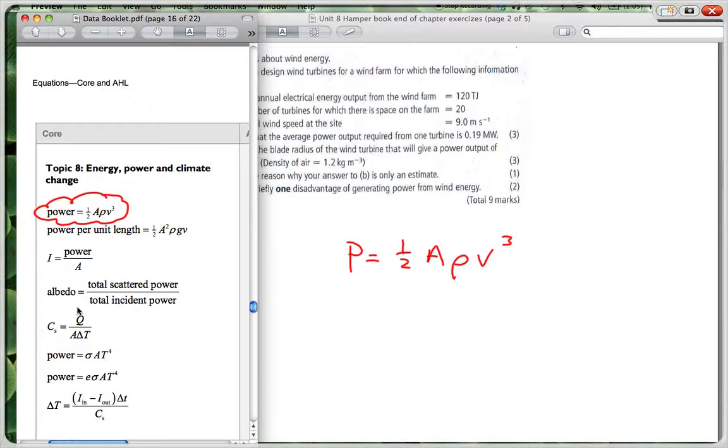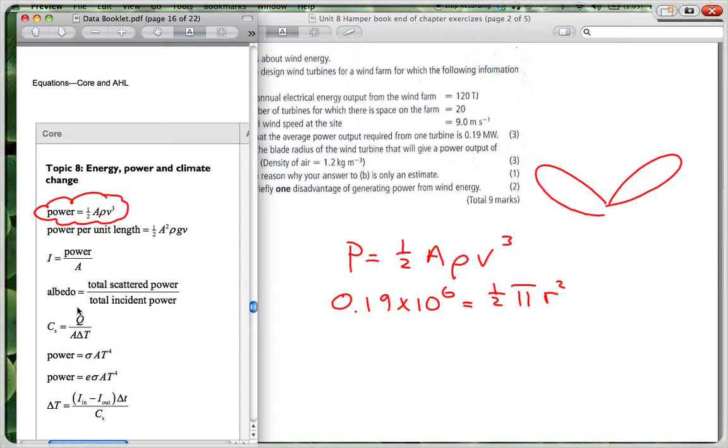We want the radius. The power, as we know, is 0.19 times 10 to the 6, equal to 1/2 times the area, which is pi r squared. We're looking at a wind turbine, so it would be something like this, and that would be the total area, and this would be the radius, the blade radius.